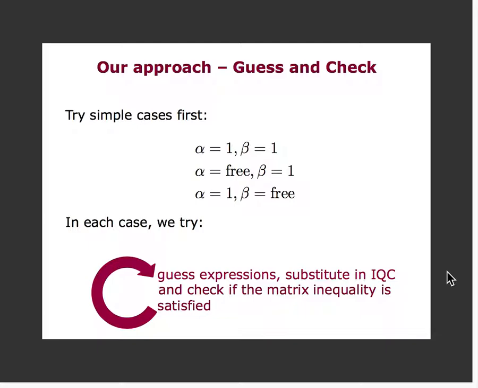We get some guesses, and then we try to enforce those guesses mathematically and see what follows. Then we get some equations in the end, and then we back substitute, and then we check the eigenvalues to see if they satisfy the properties that we want. If they do, then we make another variable free that was fixed, and then we repeat the procedure.